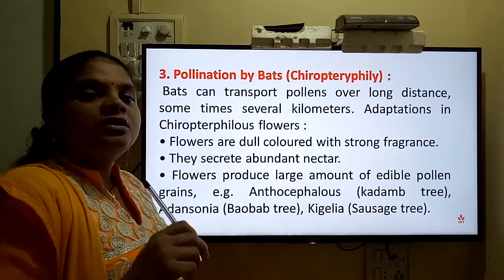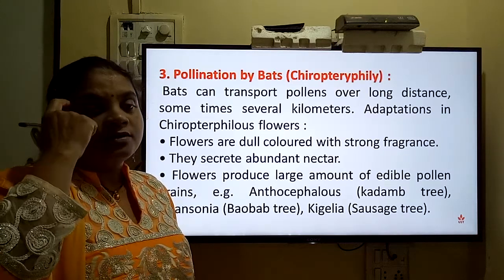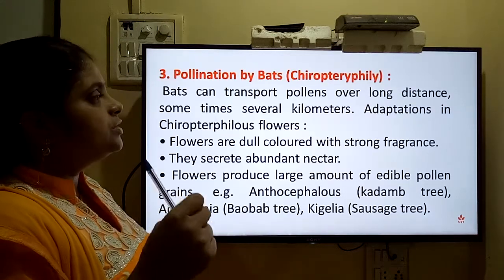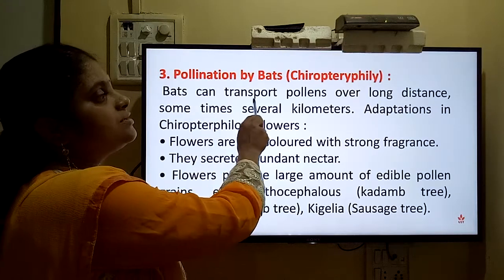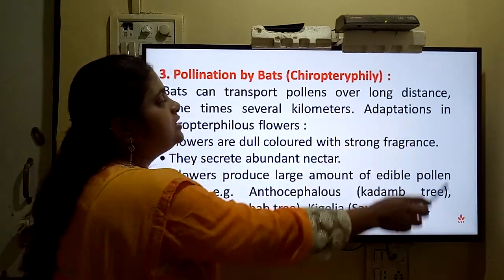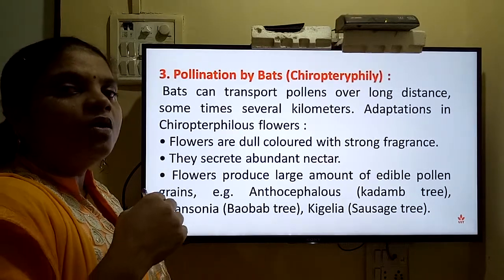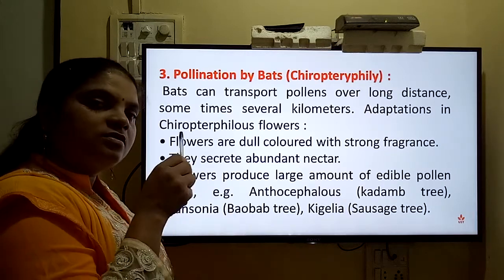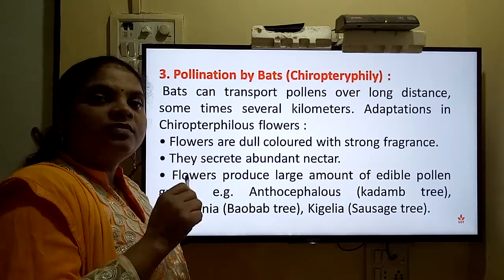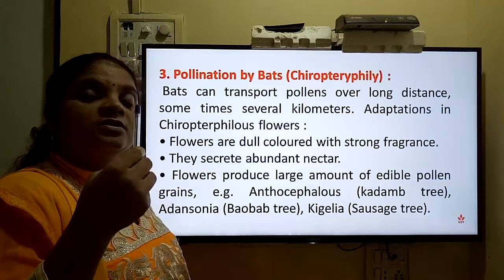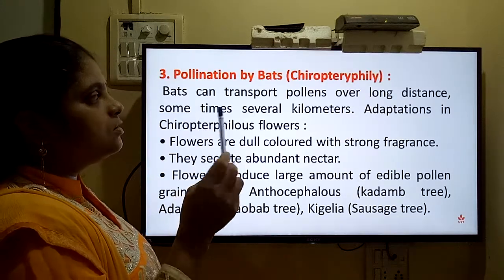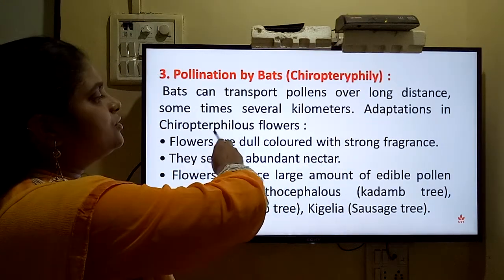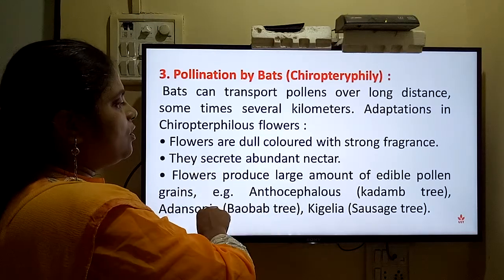Due to this the bat gets attracted, and a strong odor can be observed in the flower. Bats can transport pollen grains over long distances, they travel long distances, so pollen grains are also carried from one place to another, even up to several kilometers.